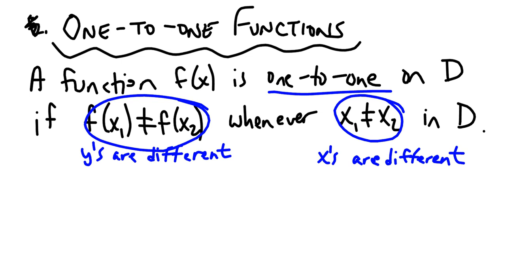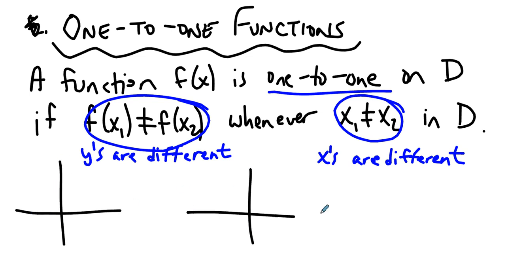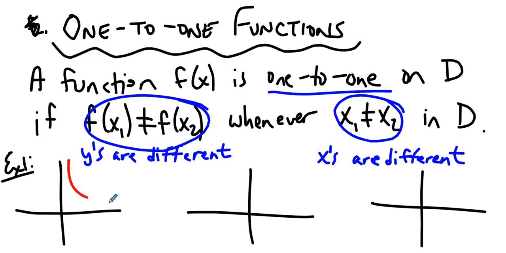And so I've got three quick examples, three quick pictures. So if you want to call this example one, you can. Three quick pictures of functions that you may or may not have seen before.